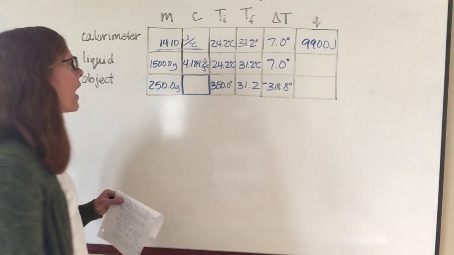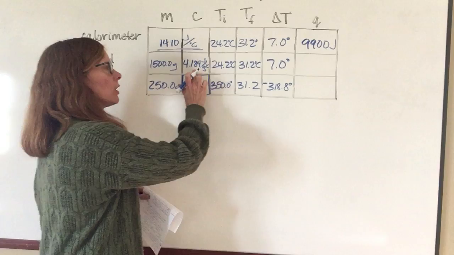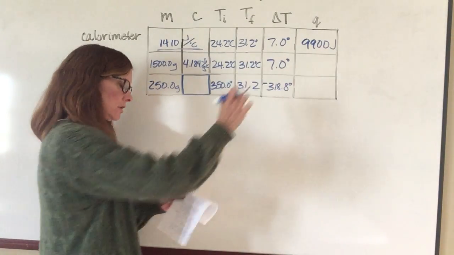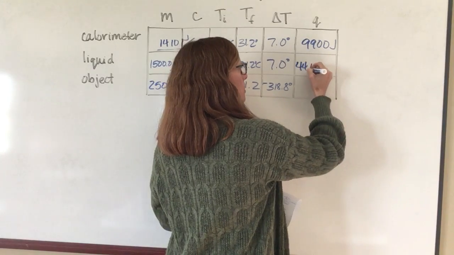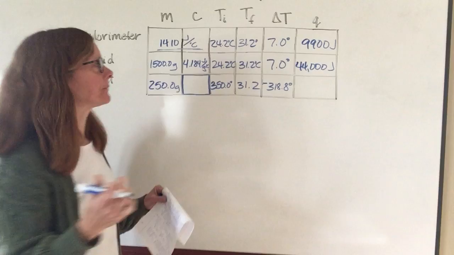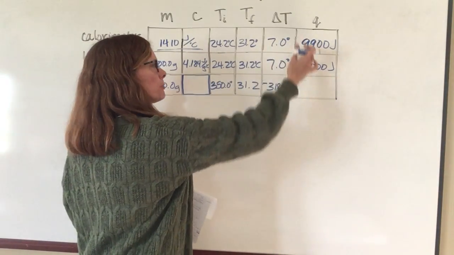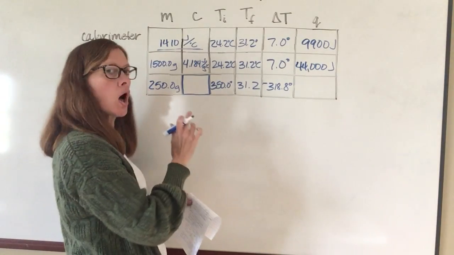Then if I look at the water, I have 1,500 grams times 4.184 times the 7, and that will give me 44,000 joules. Now again, remember that these are the two pieces that are gaining heat. This is the piece that lost heat.